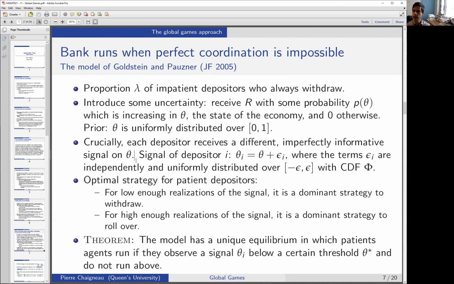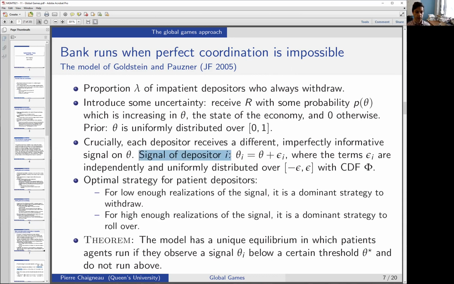And this is the only thing they're going to observe. So furthermore, they are not going to observe what other people are doing. They will know that other people are going to receive signals, and depending on the signal that they themselves observe, they will be able to infer that other people observe something maybe a bit similar, even though they don't exactly know what the information of other people is.